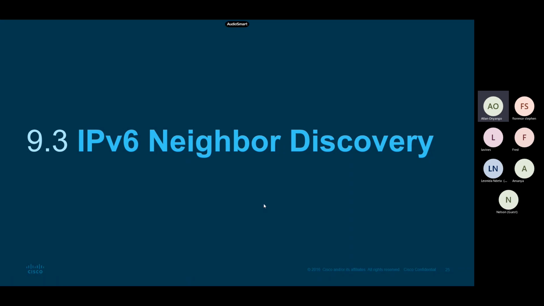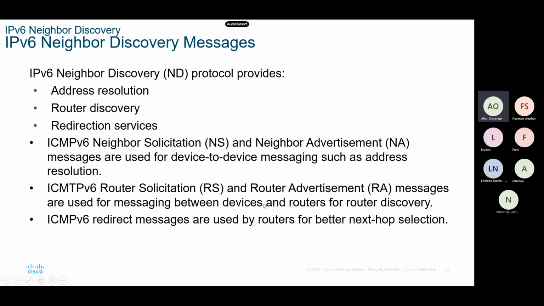All right. Now, IPv6 also does what is called address resolution. Of course, it can do router discovery and redirection of services. To do address resolution, IPv6 uses 4 messages. 2 of them are used to do address resolution, and 2 of them are used for router discovery.